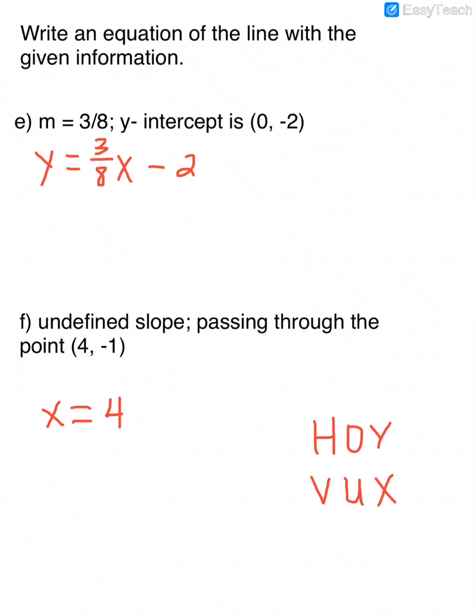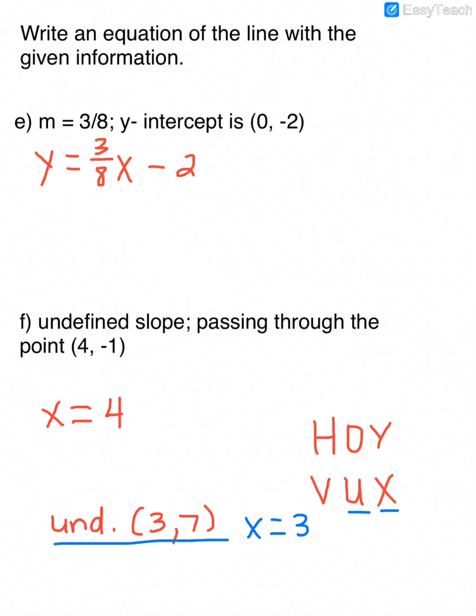Okay, so if they said that I had an undefined slope passing through the point (3, 7). Okay, so undefined means that it's going to be x equals some number. So for this, it would be x equals whatever the x is, and my x is 3, so x equals 3.